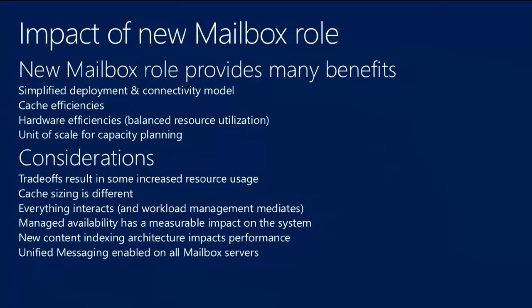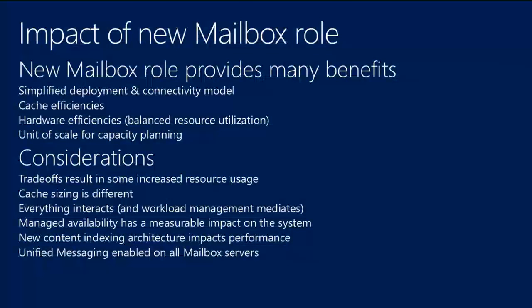That means that we actually get much better use of cache memory on those servers, right? Instead of having requests for a given user, we'll say me, being spread out across a bunch of different CAS servers due to load balancing, potentially a bunch of hub servers as I'm sending and receiving mail.